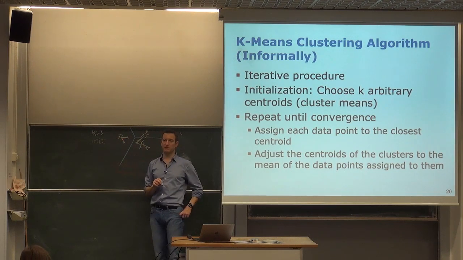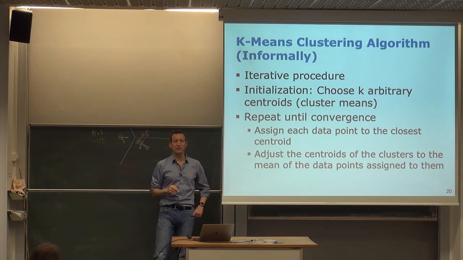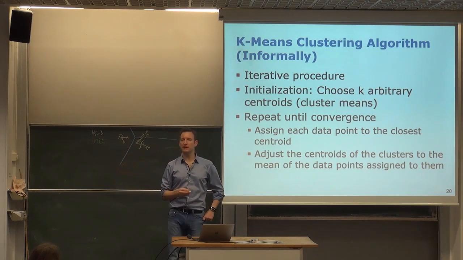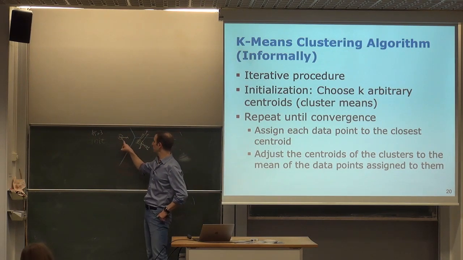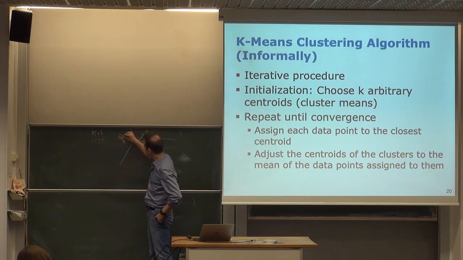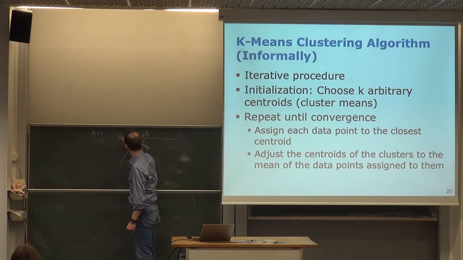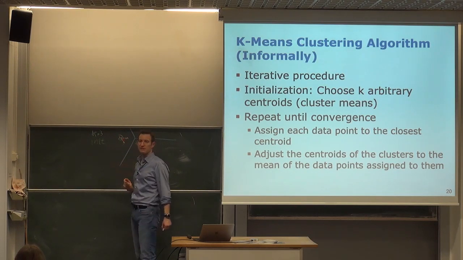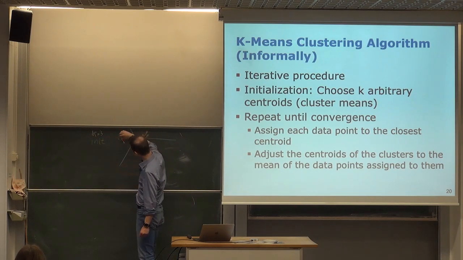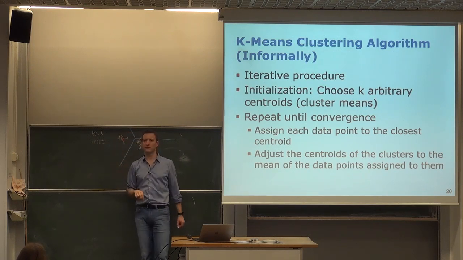Let's recompute it. It's recomputed as the mean of all the assigned data points. So I'm computing the mean of this point and this point, and in this case this already leads me to the red cross over here, because this red cross is the mean of these 3 data points. So this thing moves over here. This is the update that I'm doing.